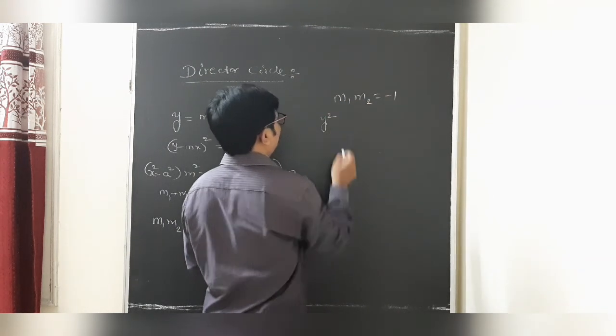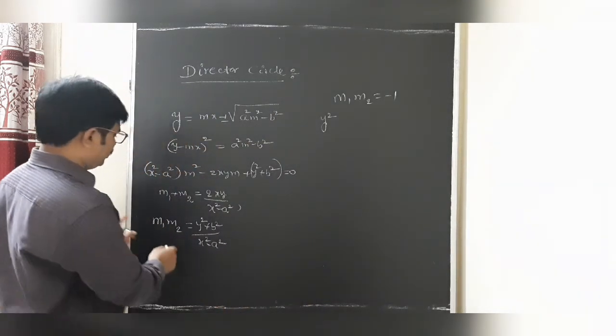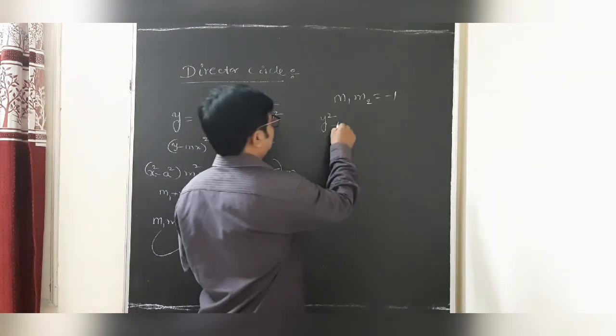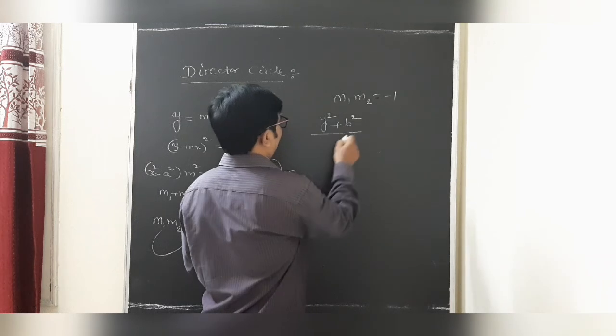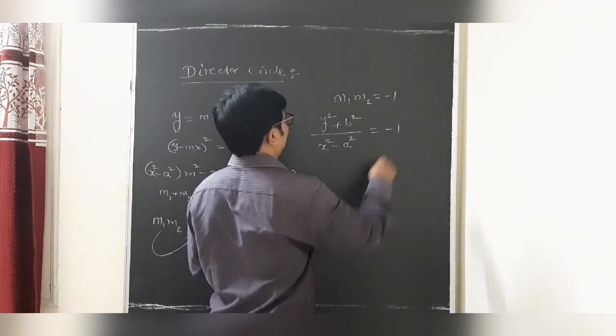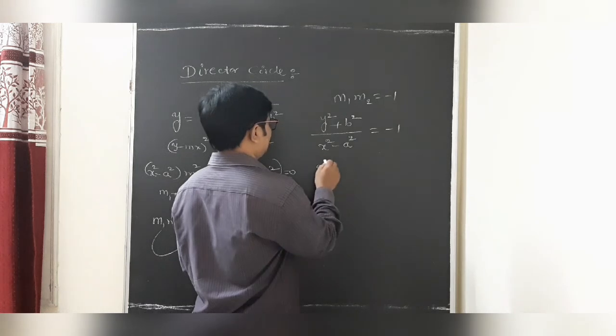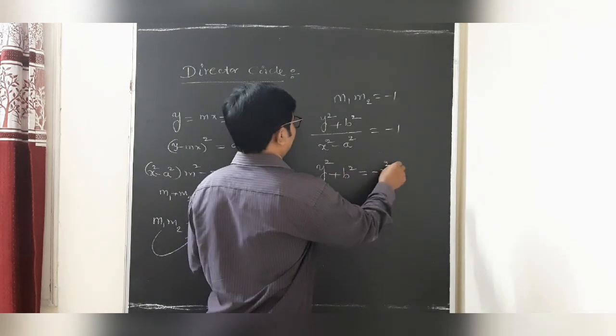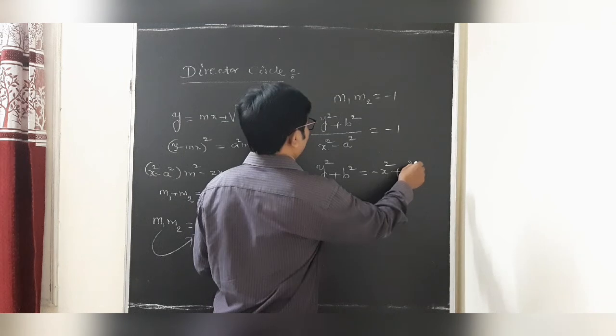What is m1 into m2? The m1 into m2 is this one, students. Y square plus b square upon x square minus a square equal to minus 1. This is, y square plus b square equal to minus x square plus a square.